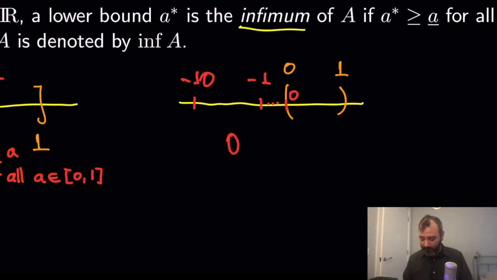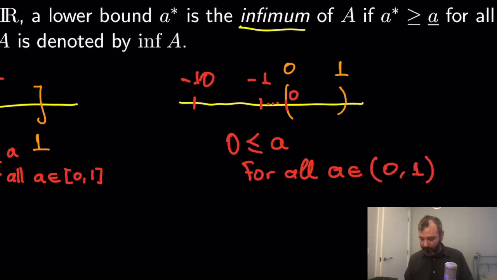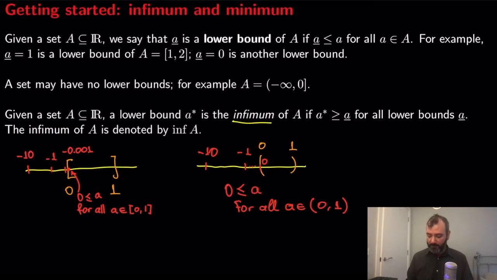That's fine, because 0 is less than or equal to A for all members of the set from 0 to 1. So in both cases, the highest possible lower bound is 0, although we are talking about different sets.